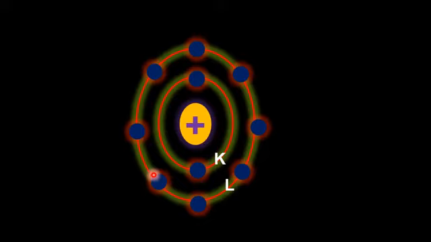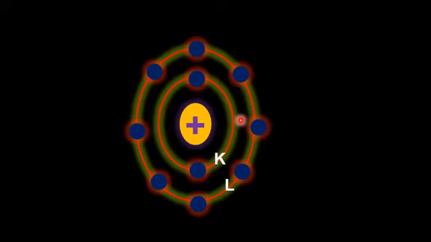Since we are representing Auger electron emission from a sodium atom, the atomic number of sodium is 11. The nucleus has 11 protons. Similarly, the electrons in the energy levels around the nucleus will be 11.